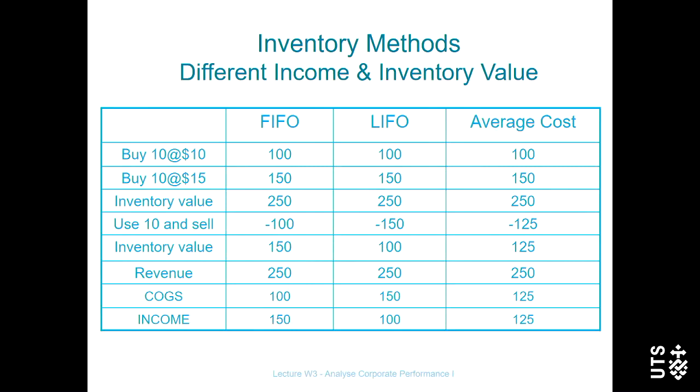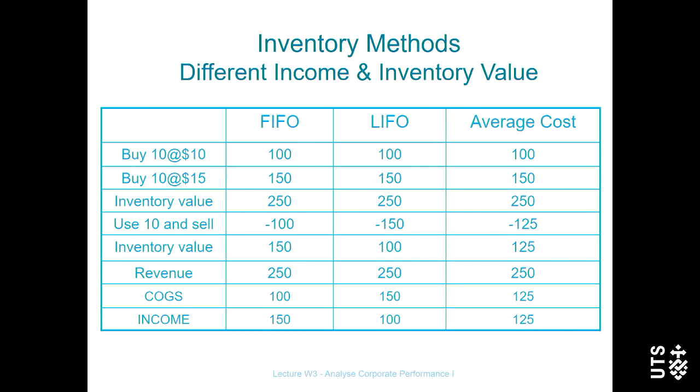Okay? So what that will do is that the remaining inventory will be 150 in first in, first out, and 100 in the other case. Revenue will be the same, $250, selling the 10 items at $25 each. Cost of goods sold would be different, depending on how we recognize inventory. And therefore, profit will also be different.